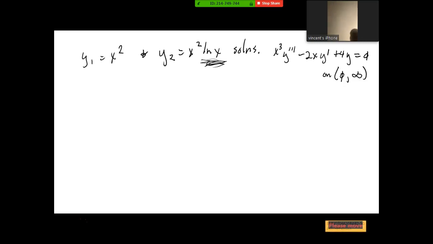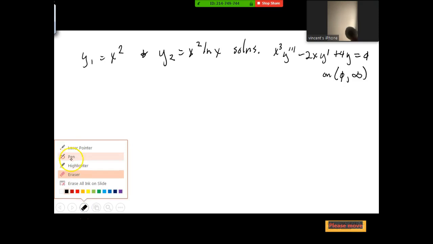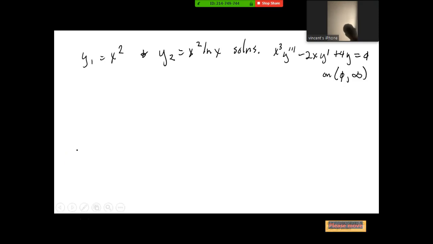So therefore, 0 to infinity is the largest domain this could be. It may not work on all of this, but it certainly couldn't be on 0 or negative. So that's at least a reasonable interval here. If it had said all real numbers x, I'd say no, it isn't, because you couldn't possibly have a log x as a solution there.